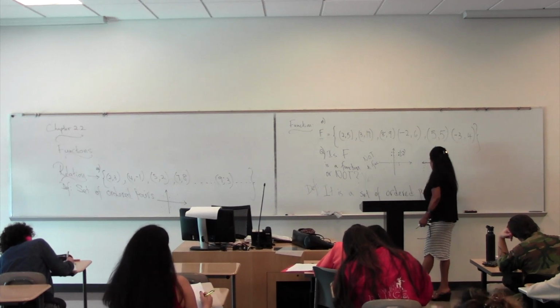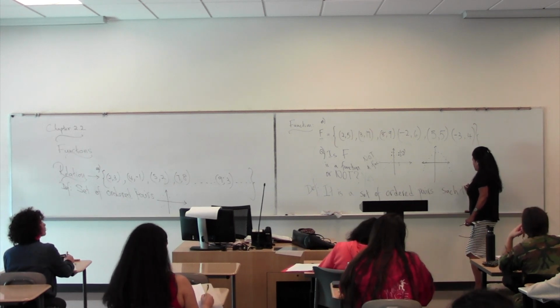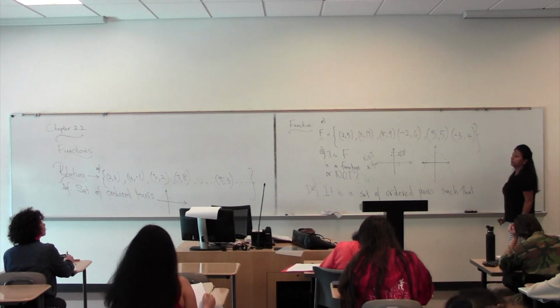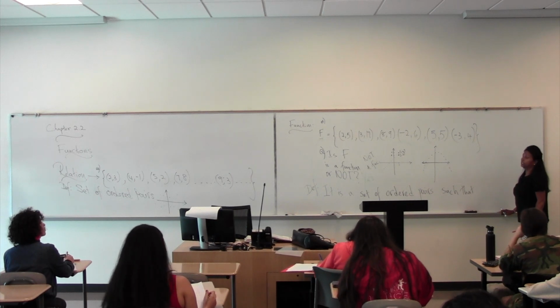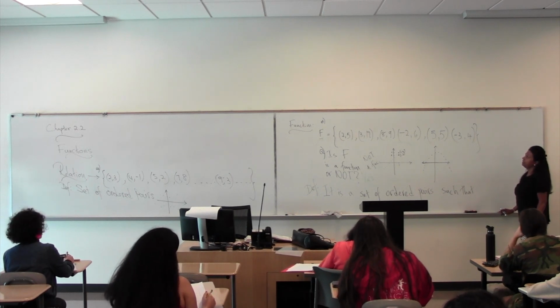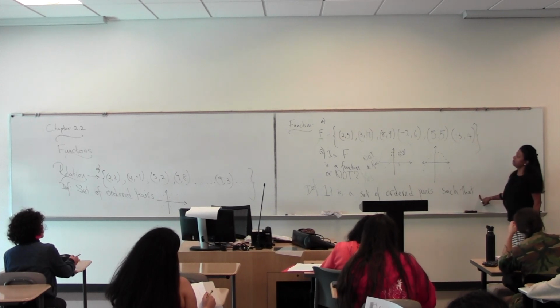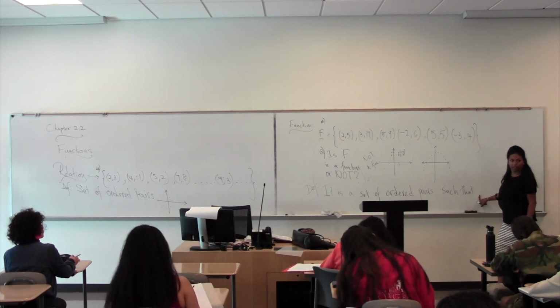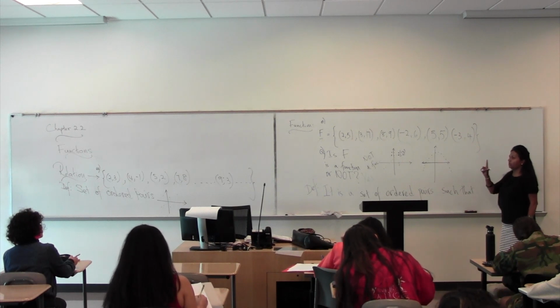Ordered pairs. So what do you need to say now? Such that, right? Matthew, what do you want to say? They don't share x values. They won't share x values? For every x there is one y. Yes, you can say for every x, for the same x value, there's only one y value.